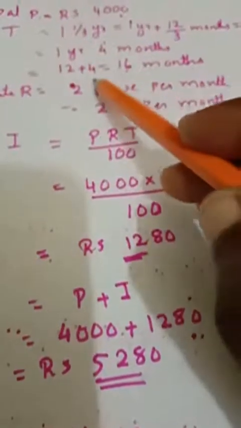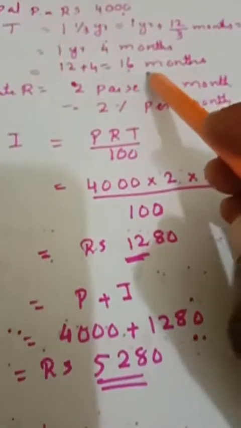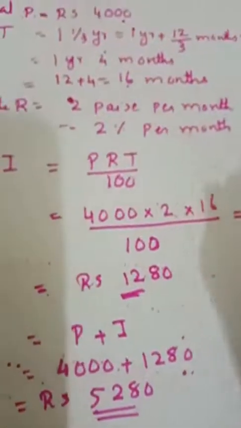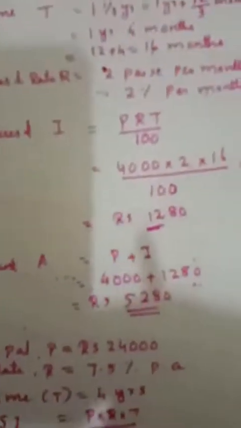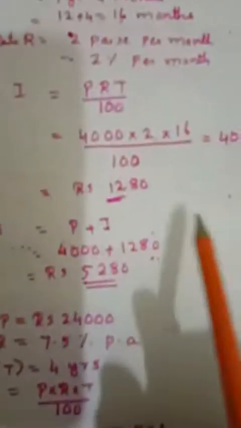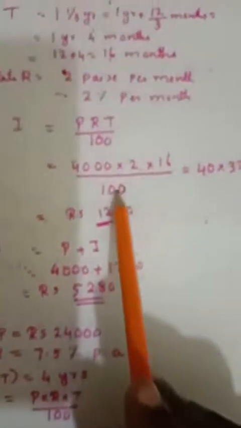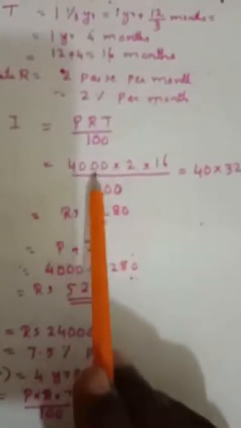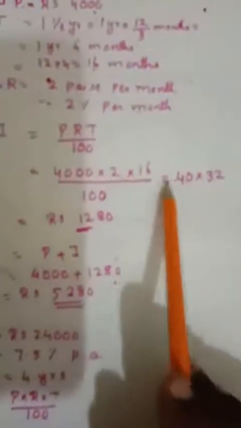That's why we convert the year into month. Cancellation, the zeros get cancelled. 40 into 2 into 16, that is 40 into 32, 1,280.